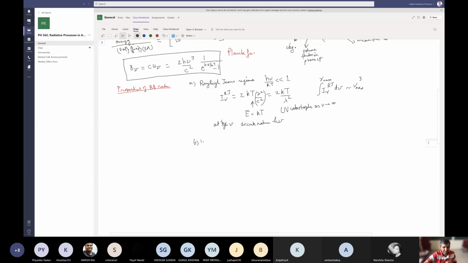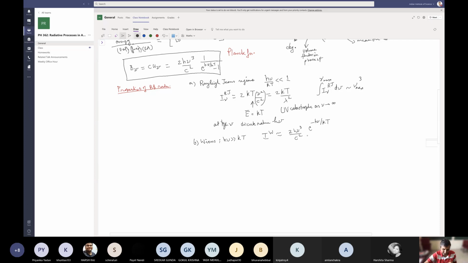Then there is Wien's law, the Wien regime. In this case, you are in the h nu much greater than kT regime, and if you look at the Planck formula in that limit, you get I nu Wien equal to twice h nu cubed by c squared times e to the minus h nu by kT.